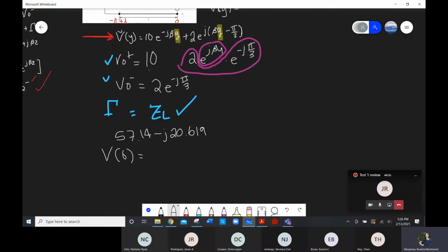What is e to the 0 power? 1. Right, so if I plug in a 0 here, all this goes to 1. So what is my first term? 10. Great. What about the second one?